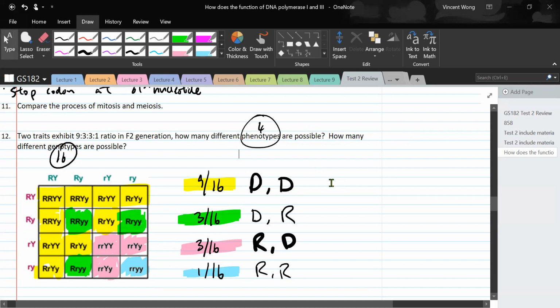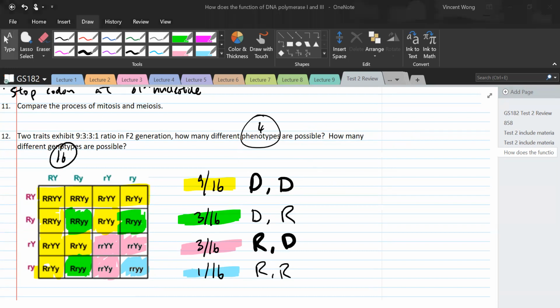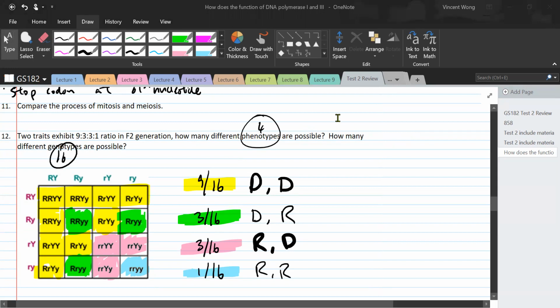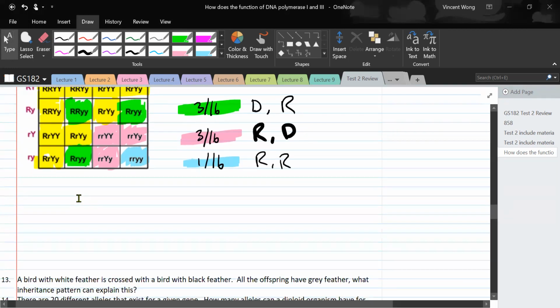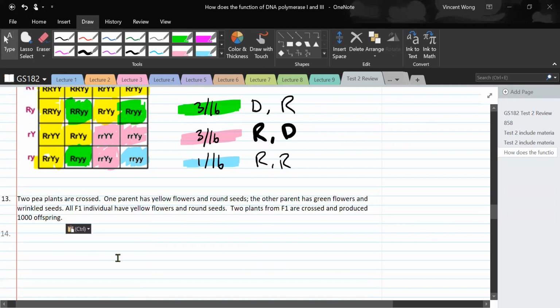So something like this is useful for a question like this. Let's say 2 pea plants are crossed. One parent has yellow flower and round seed, and the other parent has green flower and wrinkled seed. All F1 individuals have yellow flower and round seed.